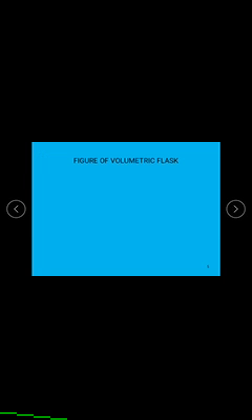Now we have to observe the figures of these different kinds of volumetric flasks. This one is 100 ml, this one is 250 ml, this one is 500 ml, and this one is 1000 ml or 1 liter. Every flask contains one mark. When we fill the distilled water up to that mark, it is treated as the exact value.